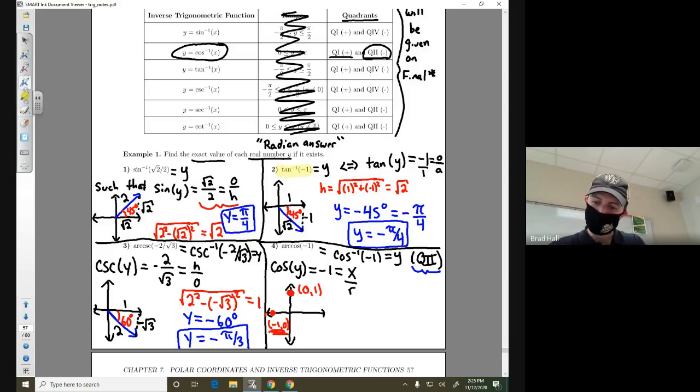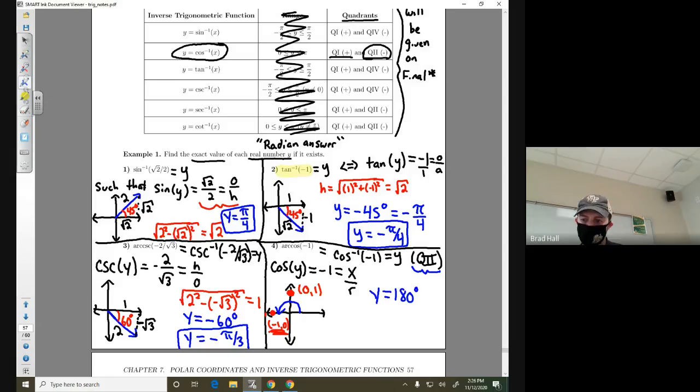So really, our angle that we found is a quadrantal that corresponds to 180 degrees. So here, y is equal to 180 degrees because it's a quadrantal. And we found that it is the quadrantal that corresponds to 180 degrees.